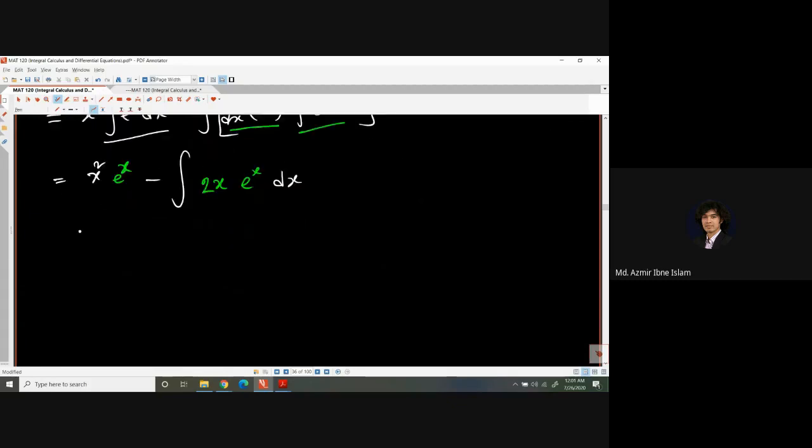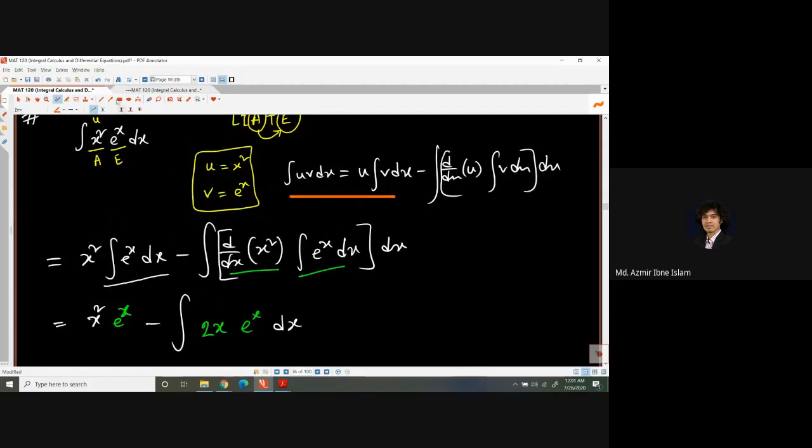This time, you can see we have x squared e to the power x, negative 2, which is a constant, so 2 can be pulled out before the integral sign, so we have the integral of x e to the power x dx. So you can see that we have again a uv part. So again the same process, same technique will be repeated.